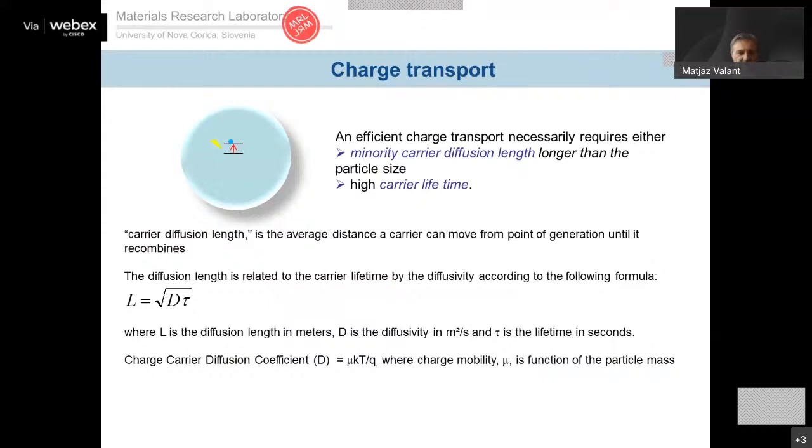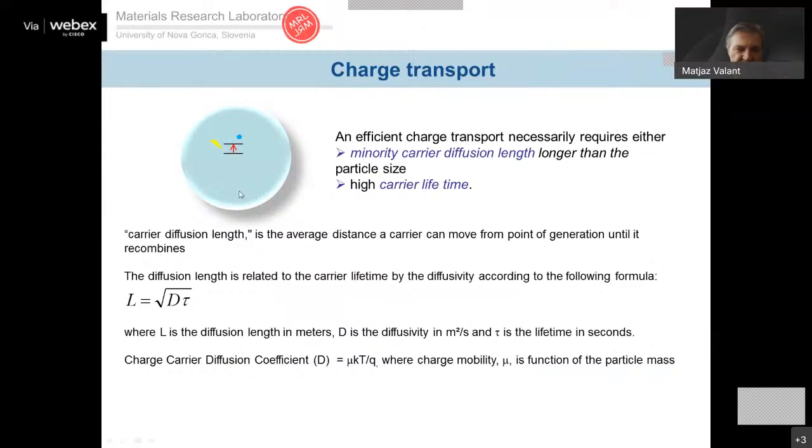And when this excitation happens inside the photocatalyst, this electron must come to the surface, otherwise we can't use it for the chemical reaction with the surrounding liquid. And therefore, we have to talk about diffusion of electrons, the charge transport from the site of excitation towards the surface.